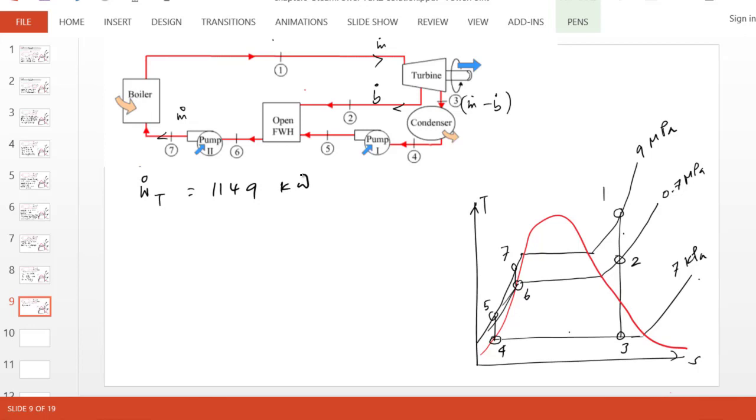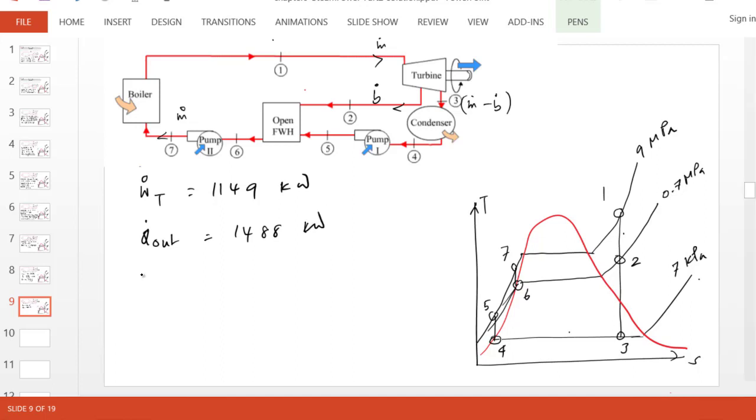We already have the formulas and we have evaluated all the enthalpies. In the condenser, Q dot out that is rejected is (m dot minus b dot) times (H3 minus H4), which is 1488 kilowatt.